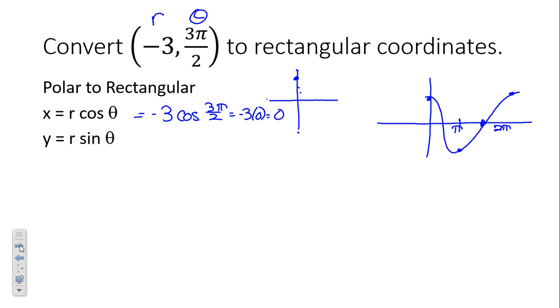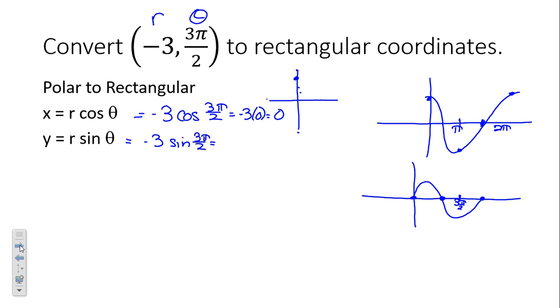Okay? Now let's do our sine theta. -3 times the sine of 3 pi over 2 is going to be, well, sine started in the middle, ended in the middle, and was in the middle. So it went high, low, and back to the middle again. So what is the sine of 3 pi over 2? -1.